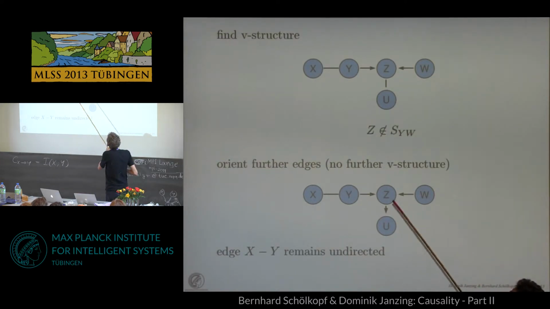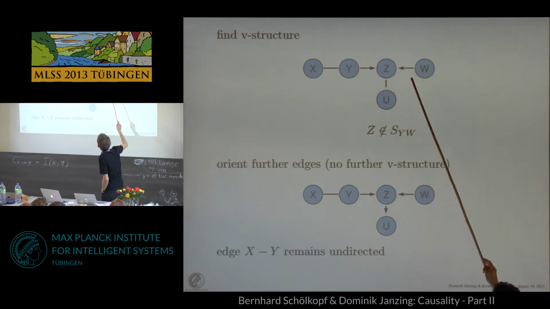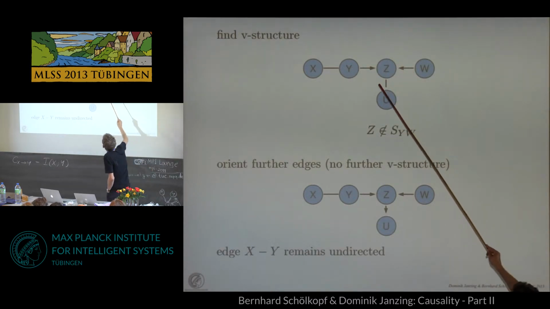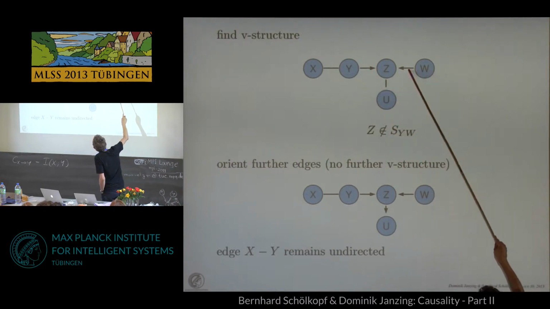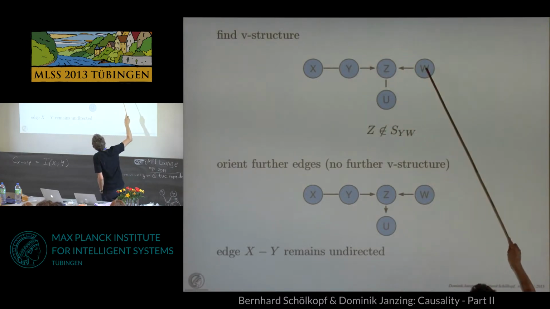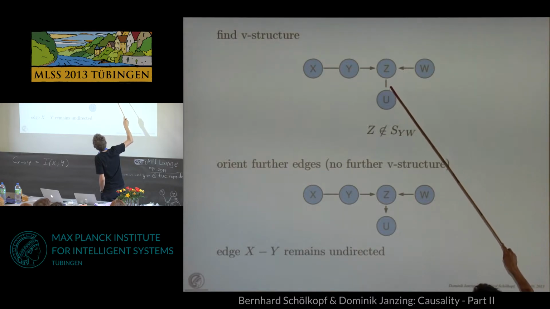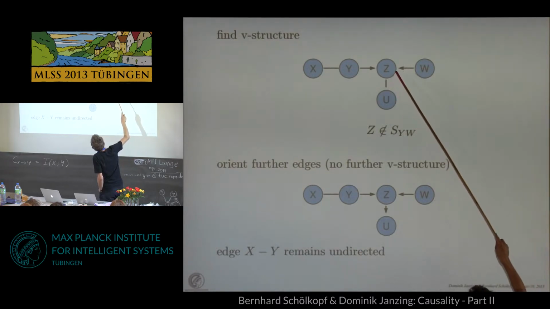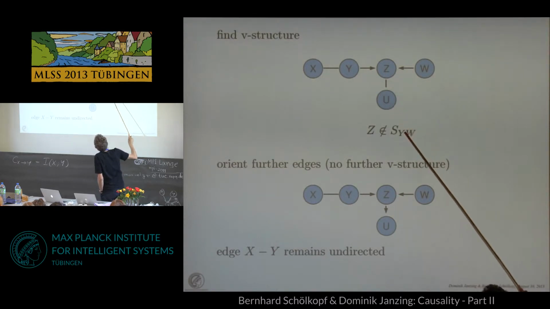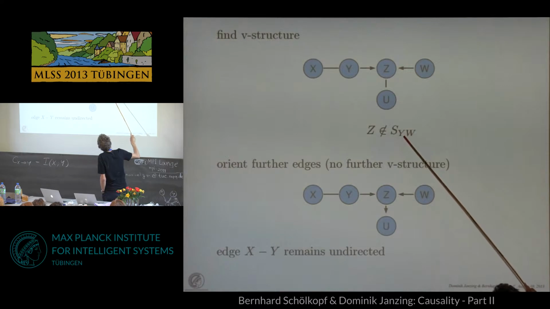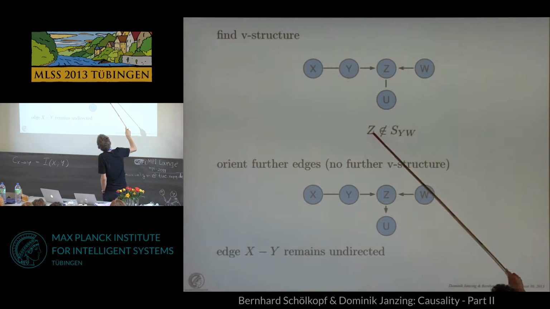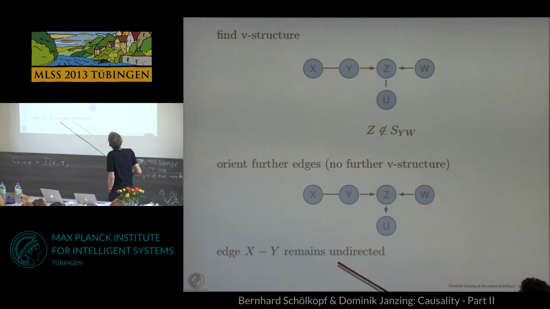Okay, then you identify this V structure. What's the idea? You first observe that you have a triple where those two variables are unconnected, and then you check that the set that makes them conditionally independent does not contain the variable z, and therefore we have a V structure. So we have this separating set SYW, but it does not contain z, so it can only be a collider.